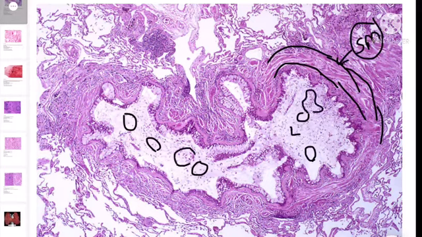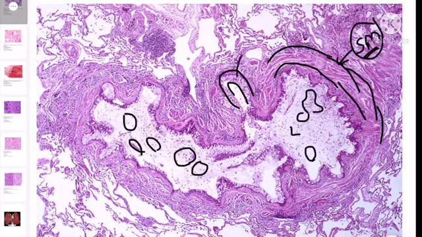So these are the inflammatory cells. So we have some airway disease because inflammatory cells are there. So it could be some inflammatory disease of the airway, along with the smooth muscle thickening. And if you see this area, we can see that there is a marked hypertrophy of the glands.